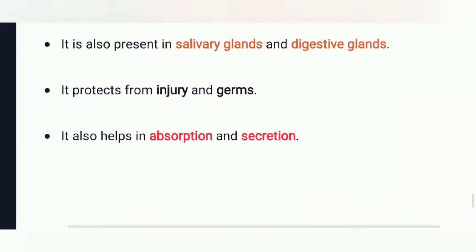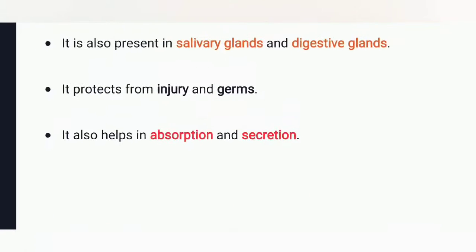It also helps in absorption and secretion. What is meant by absorption? Absorbing things. And secretion means various glands secrete hormones and enzymes, etc. So, in these processes also it helps.